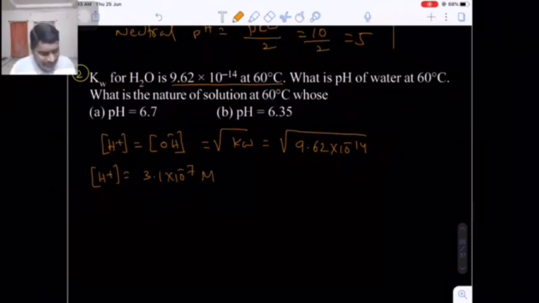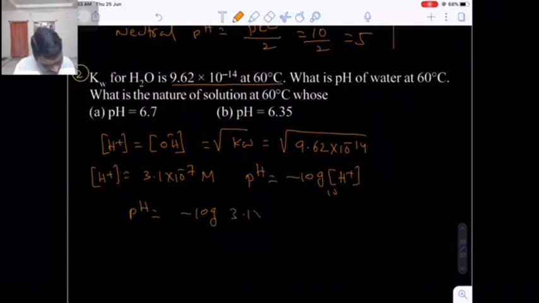From here we can find the pH value. Yes, pH is equal to what? Negative logarithm of the H plus ion concentration, base 10. Now from here pH is equal to minus log of 3.1 into 10 raised to minus 7. Okay, log AB is nothing but log A plus log B. That means minus log of 3.1 minus log of 10 raised to minus 7.